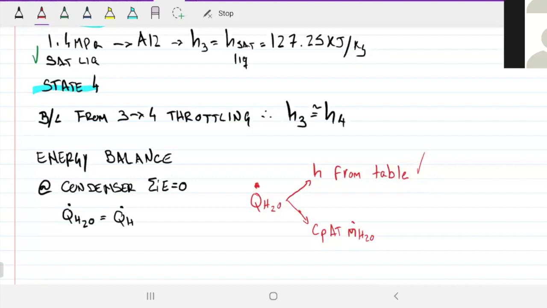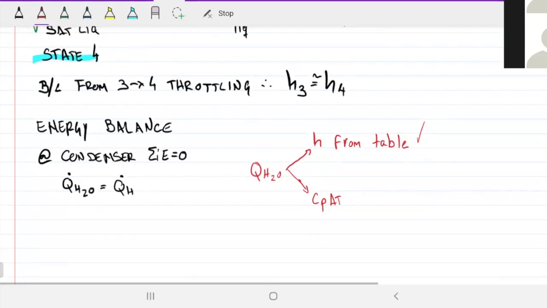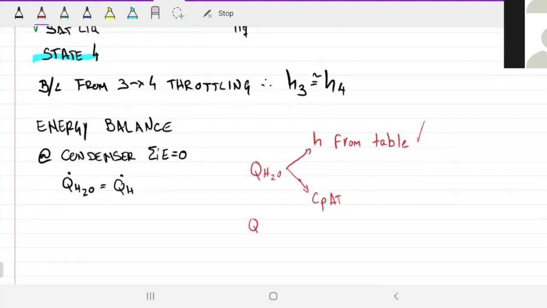So let's do it the nice way, remove this and just remove the dot for now. If I want the power that the water is absorbing, I can do the mass flow rate of water times my CP times my delta T. In this case, the mass flow rate of water is 0.12 kilograms per second, the CP is 4.18, and my delta T is 45 minus 15, so 30.